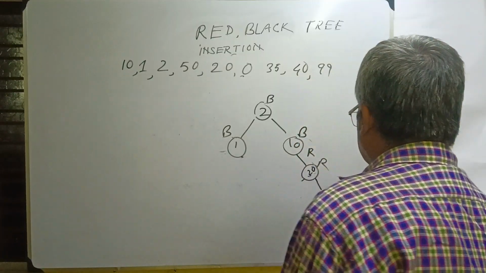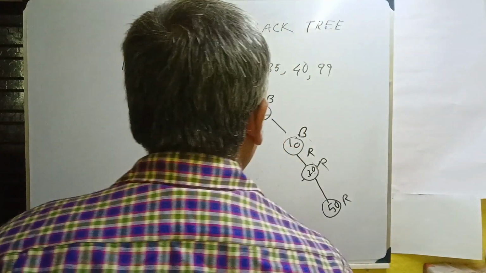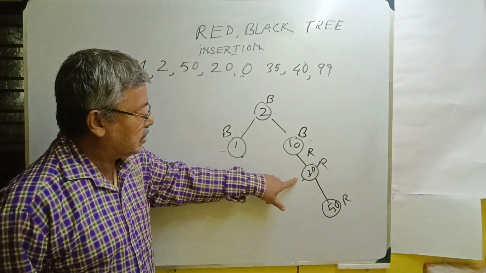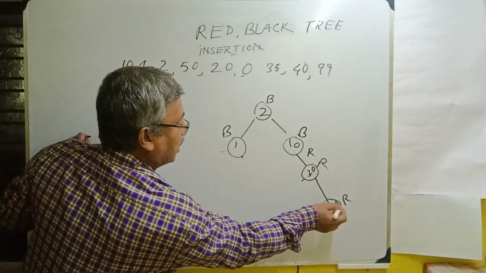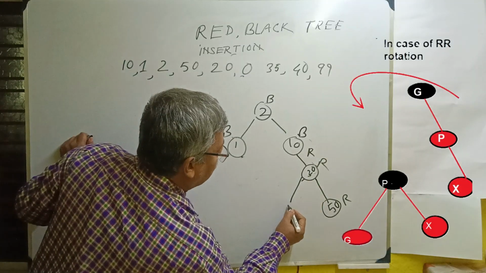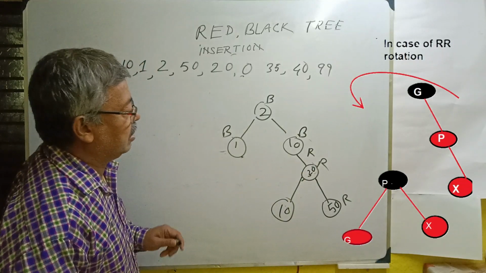The color is red. Thus they swap their values. Okay. Then the final rotation is required, in this way. RR rotation. RR rotation means 20 at the center, 10 will come at that point, and 50 as it is.